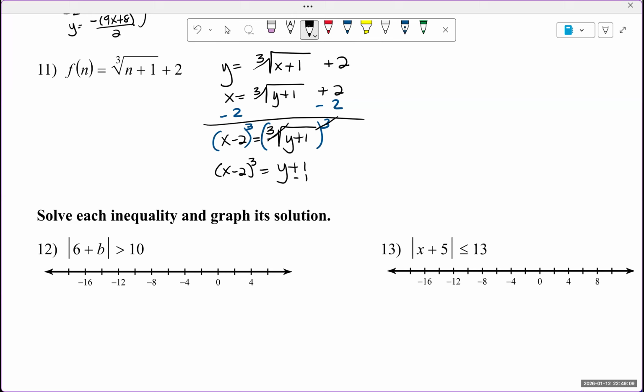So then subtract 1. So f inverse, and then we're going to change it back into function form: x minus 2 cubed minus 1.